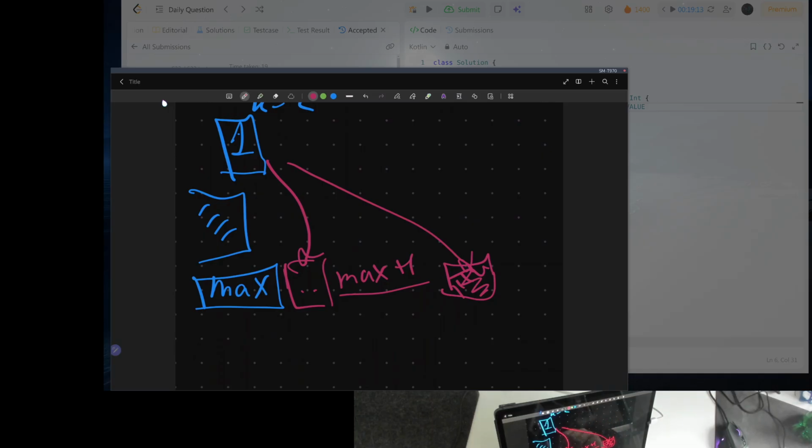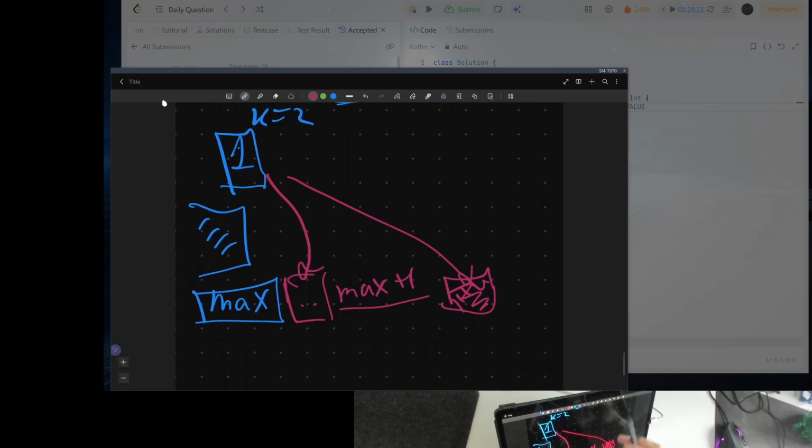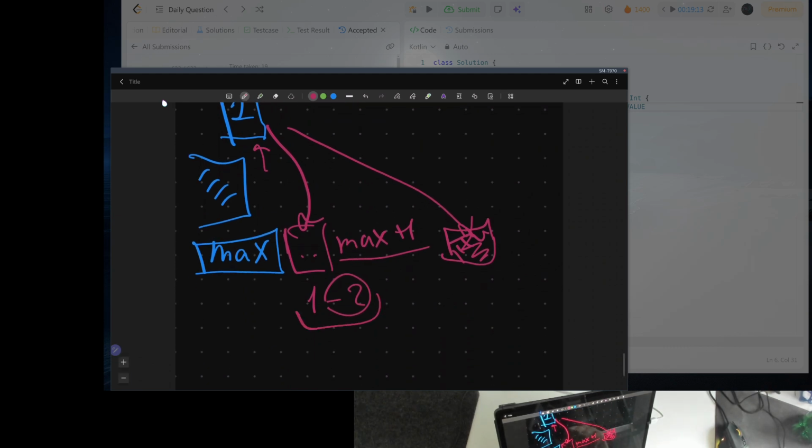So for this example 1, we take it as 1 minus 2, that is x minus k, because this is the minimum of the range, and we should place it either at max plus 1, or if it is far from this max plus 1, we just take x minus k.